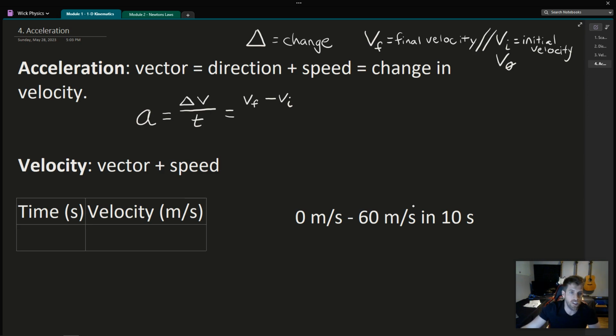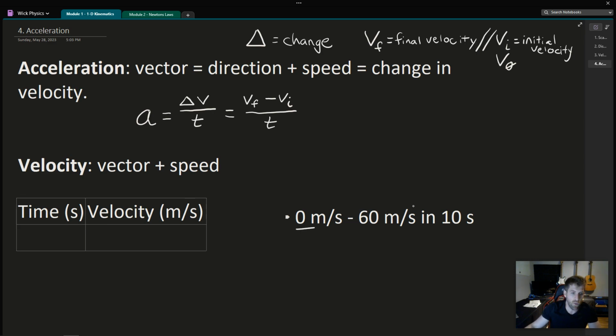Your professor, teacher, etc., will probably be telling you what that is, the VI or V naught, however they want to say it, the starting point of the velocity. So we have VF minus VI over time.